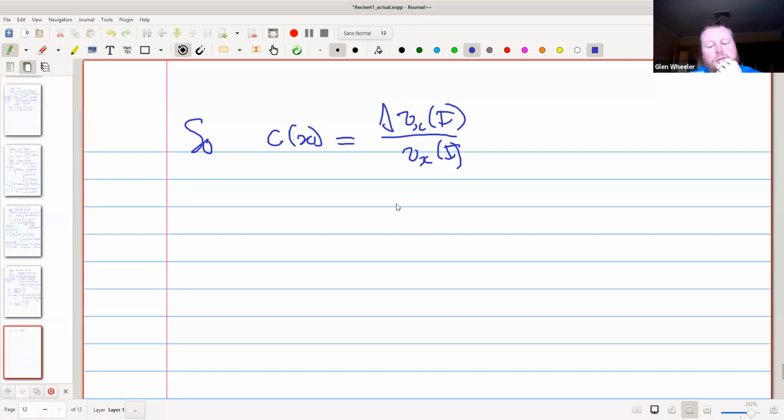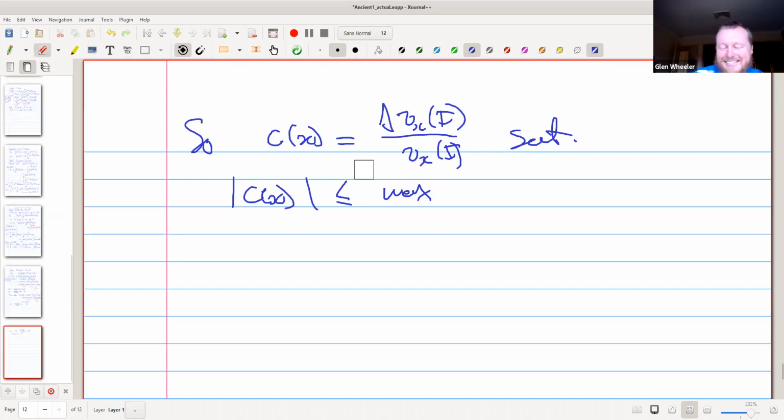So this satisfies, okay, it's bounded by B on R^n.